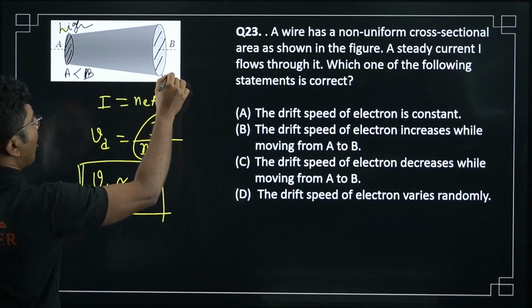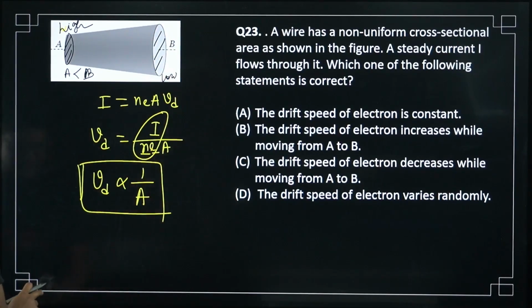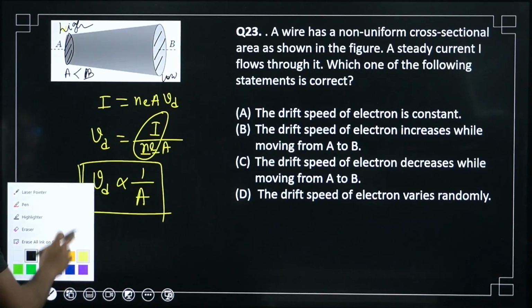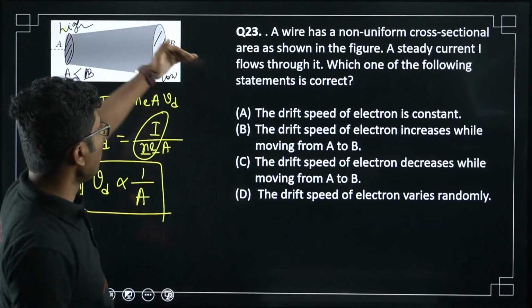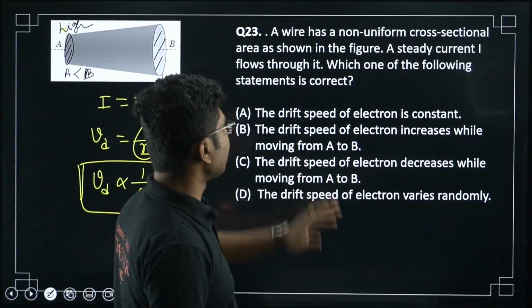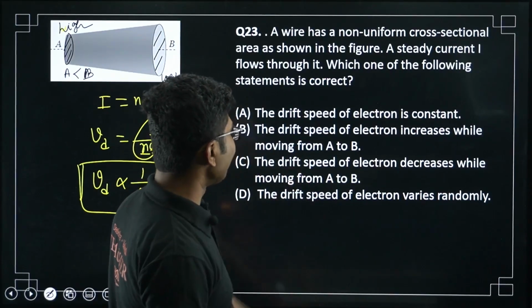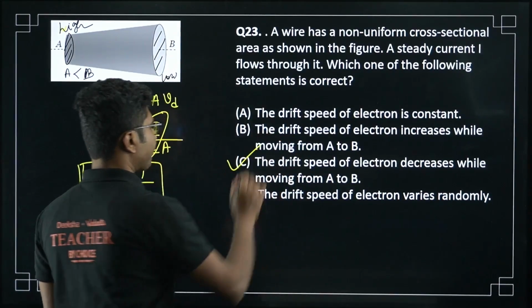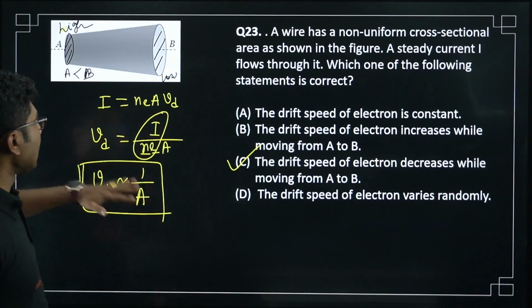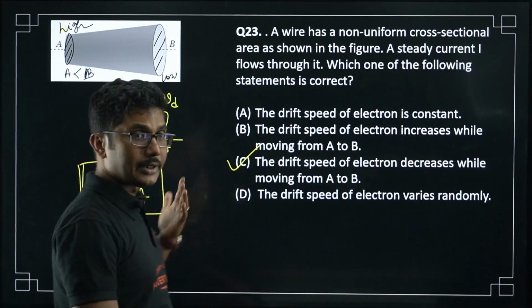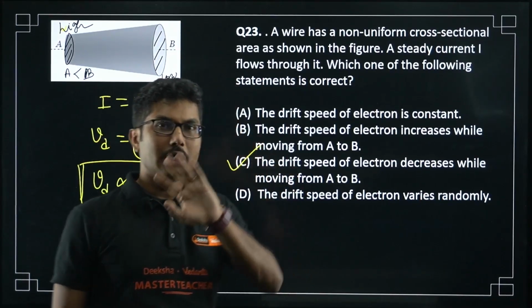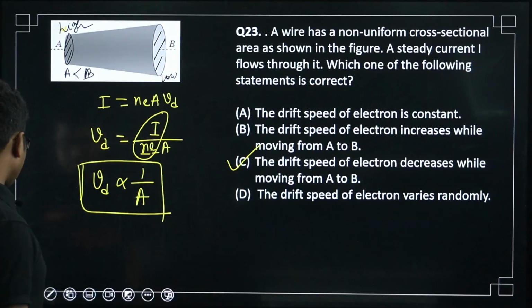So drift speed is decreasing as it moves from A to B. So the drift speed of the electron decreases while moving from A to B. This is the answer, an easy question. If you remember that drift speed is inversely proportional to area, you can answer this question.